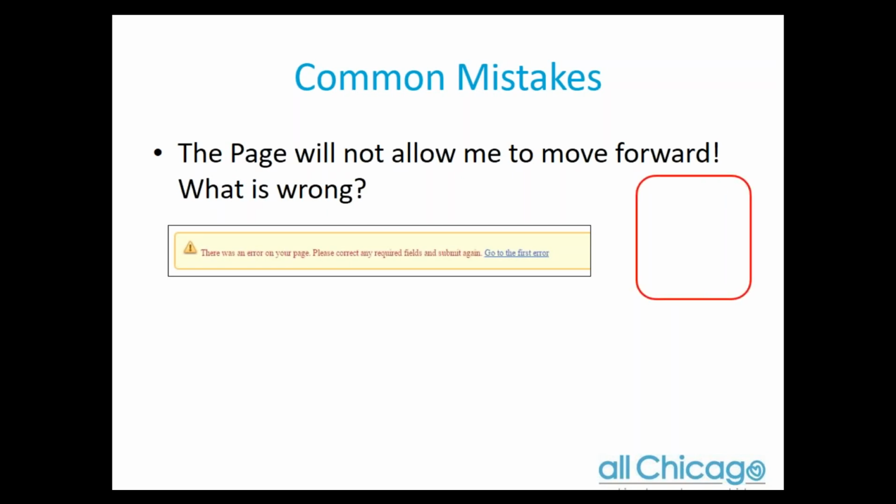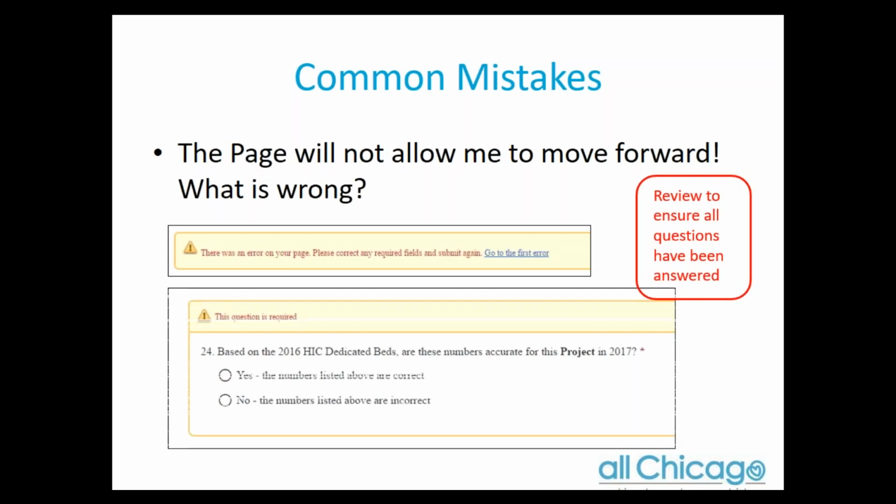So make sure that if you receive that message, you check that page to make sure that there are no unanswered questions. If there is, you'll see the question that was overlooked is surrounded by a yellow orangey outline. So just make sure that you answer all the questions before hitting the next button.